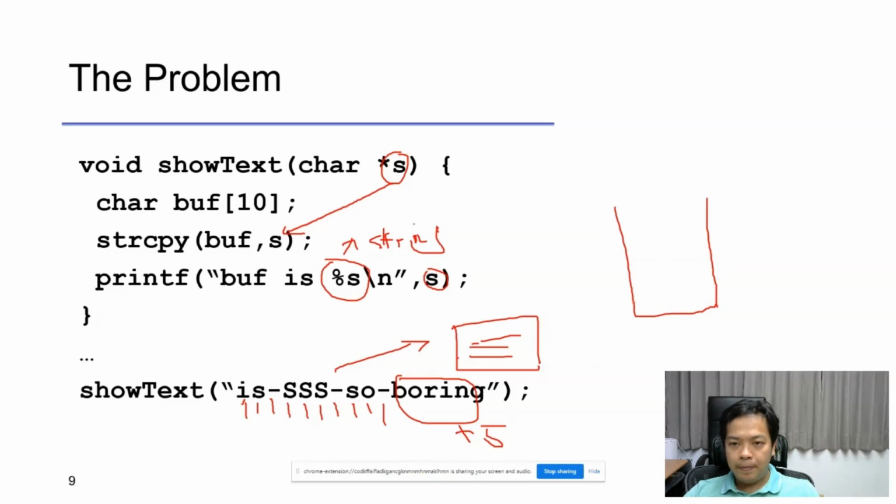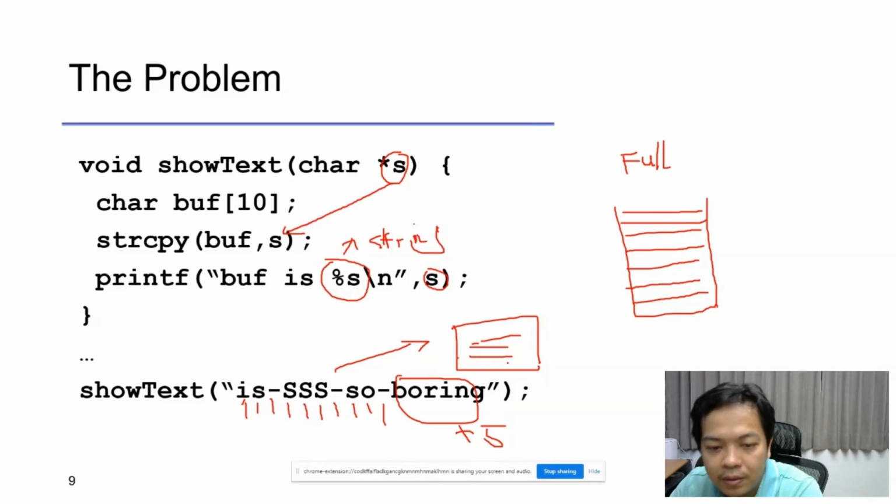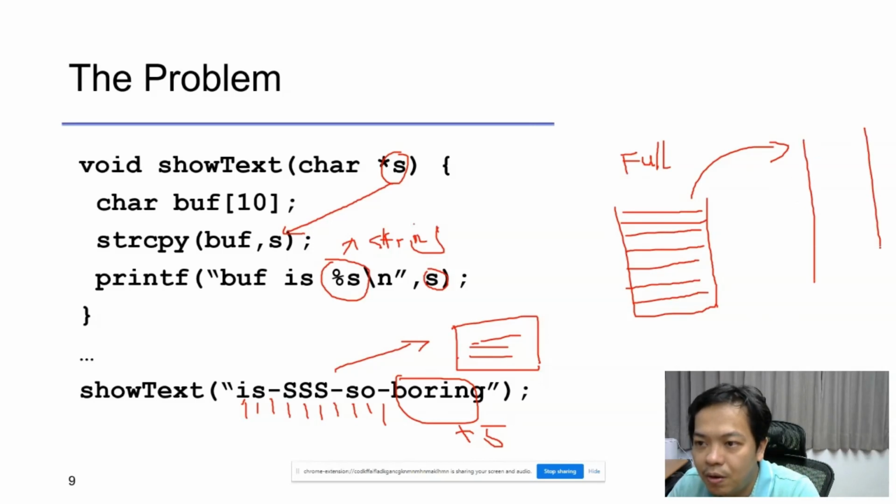When you insert 10, it's like you pour water into a bottle and it overflows. The extra 5 characters cannot fit, so when they go out, they are stored somewhere else, somewhere in the stack.